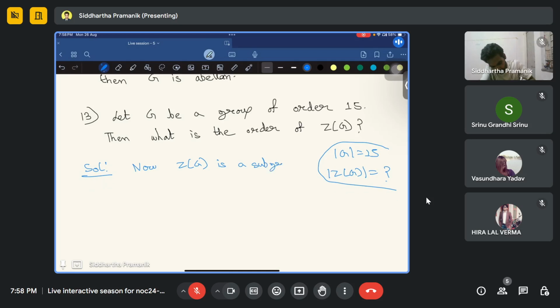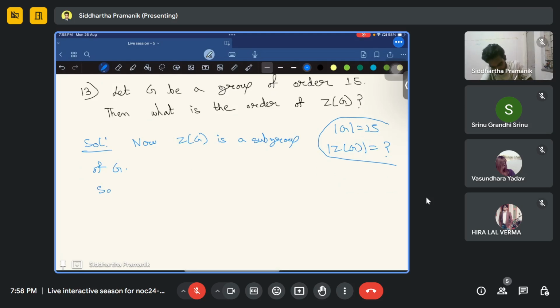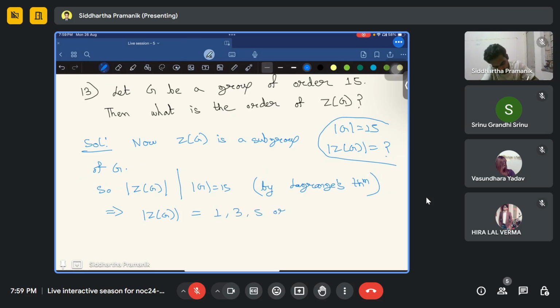The center is a subgroup of G. So by Lagrange's theorem, the order of ZG must divide the order of G, which is 15. So the order of ZG is a positive divisor of 15. It can be 1, 3, 5, or 15.